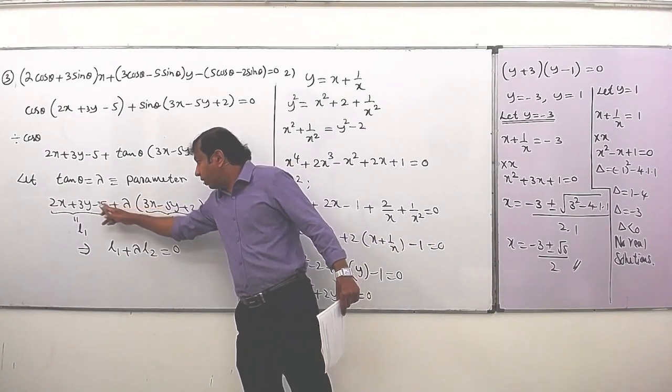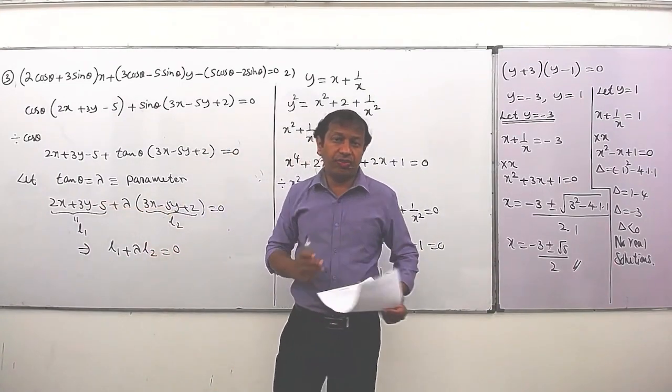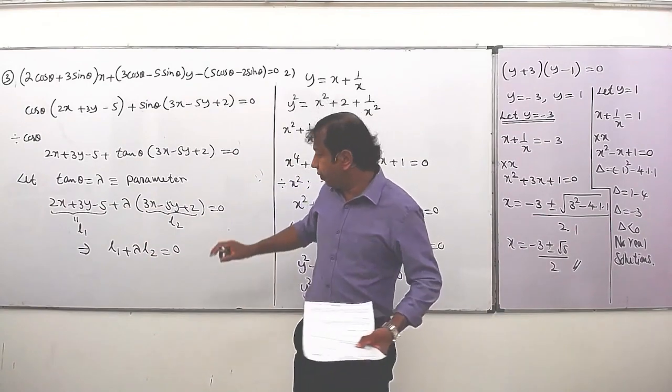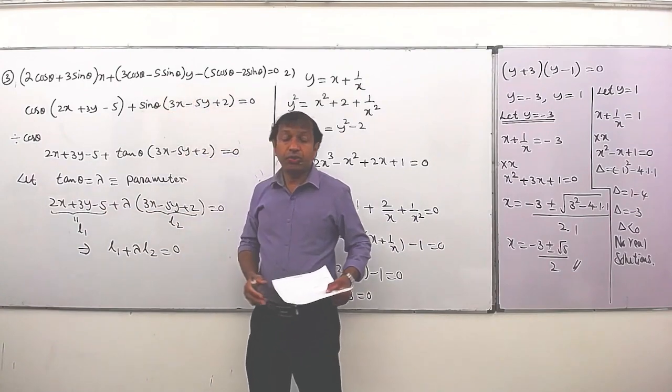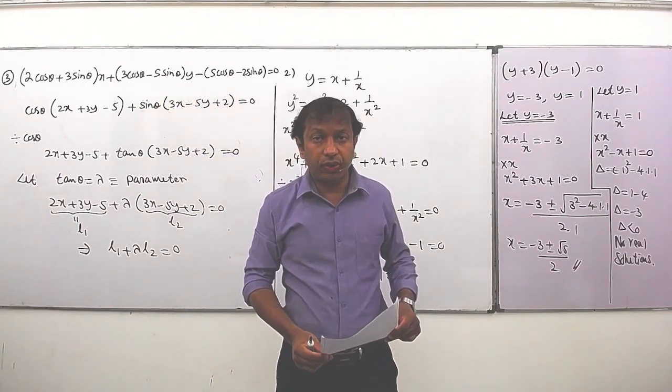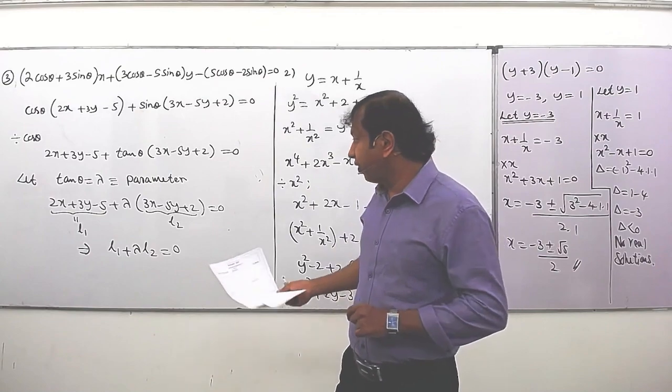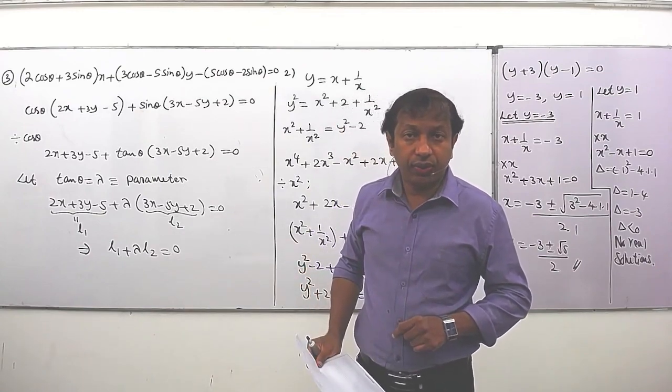Since these two lines are not parallel, they must intersect. So this equation gives a straight line passing through the point of intersection of the two lines. Since these two lines are fixed, the point of intersection is fixed. Therefore this given line passes through a fixed point, the point of intersection of L1 and L2.